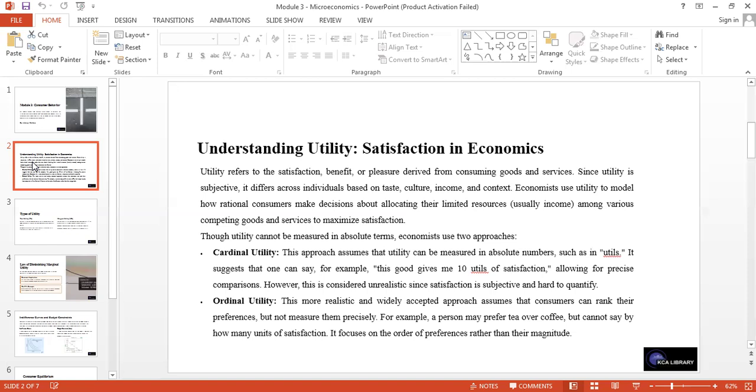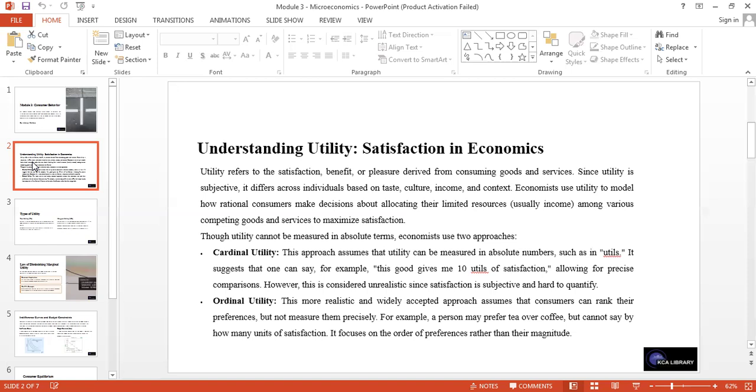Utility cannot be measured in absolute terms, but it can be seen in two approaches. The first is the cardinal utility. This approach assumes that utility can be measured in absolute numbers, such as in utils.